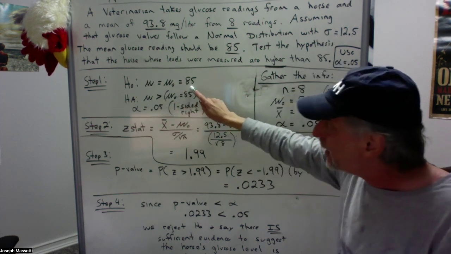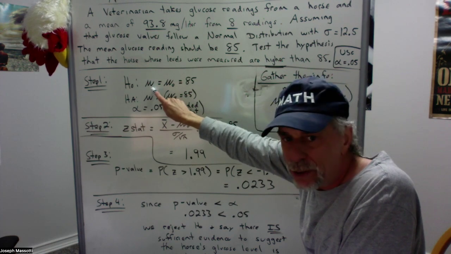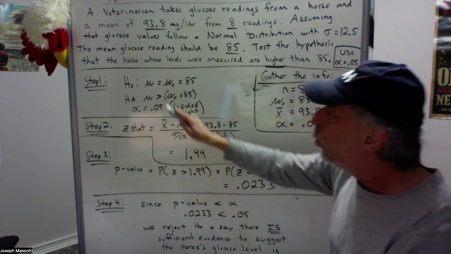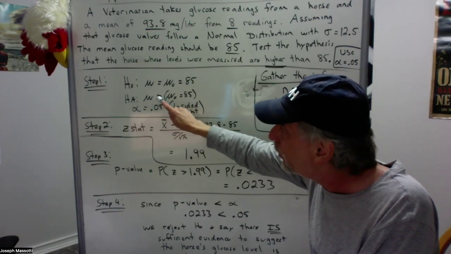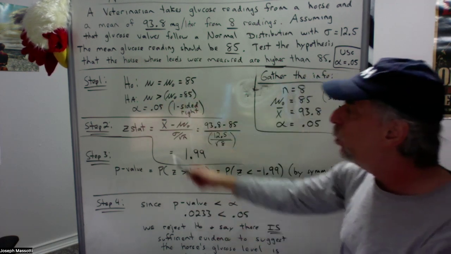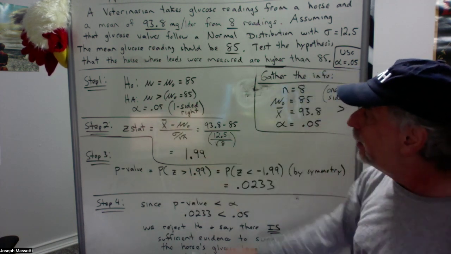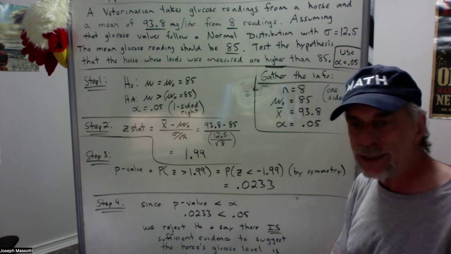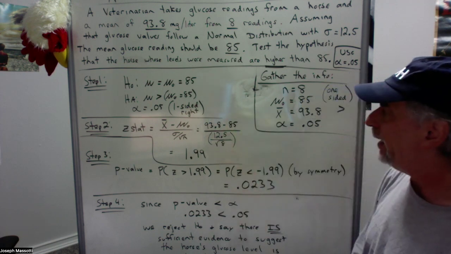So we go into the test assuming that the unknown population parameter is equal to 85. We are looking for evidence that that unknown population parameter is more than 85. We're using an alpha level of 0.05, and we call it a one-sided to the right test. We're looking for evidence that it's higher than 85.